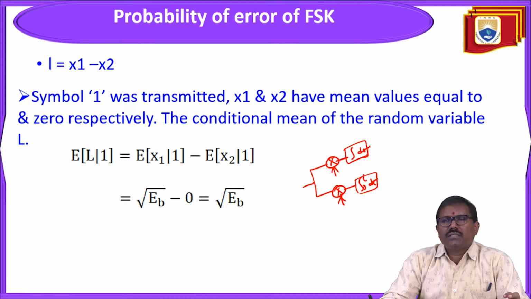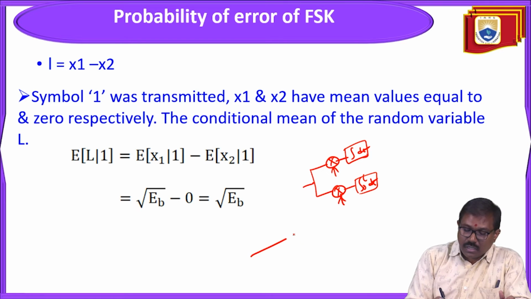So here I get two outputs, that is x1 and x2. Why? Because at the receiver two basis functions are used, whereas in PSK I use only one basis function. Why? Because PSK uses antipodal signals, but FSK uses orthogonal signals.